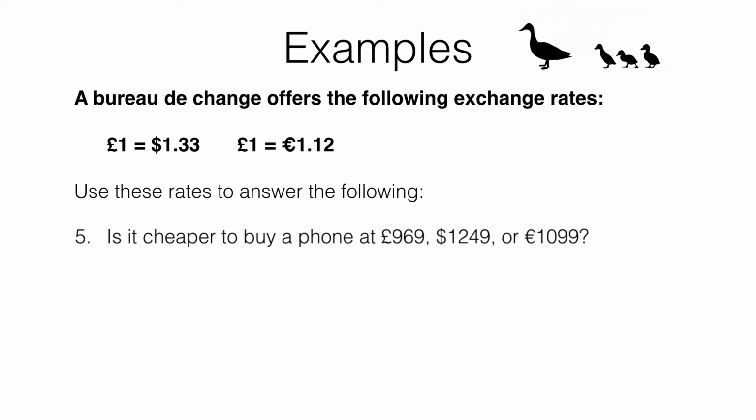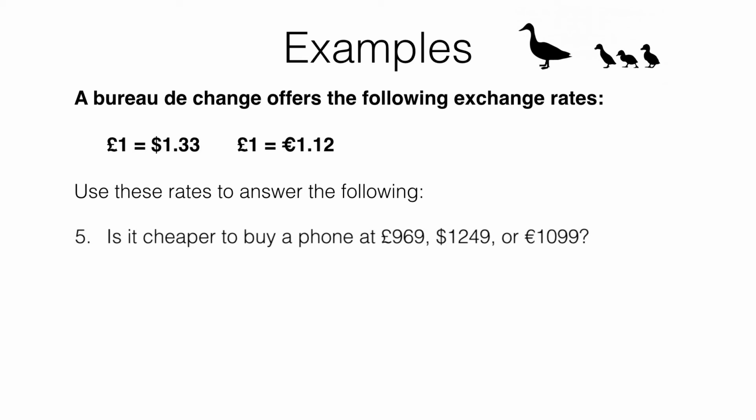In this example, we're being asked, is it cheaper to buy a phone at £969, $1,249, or €1,099? Now, these are all in different currencies. So to compare them fairly, what we want to do is turn them all into the same currency. In this particular case, it's easiest to turn them all into pounds.